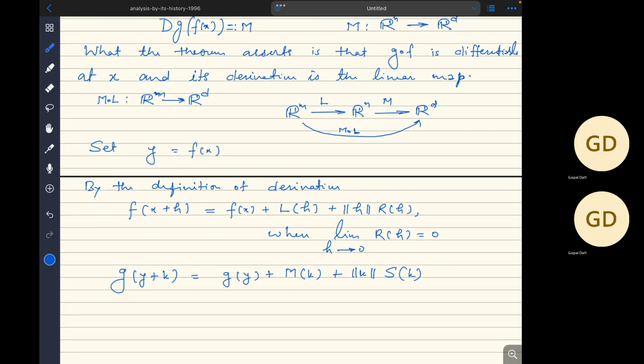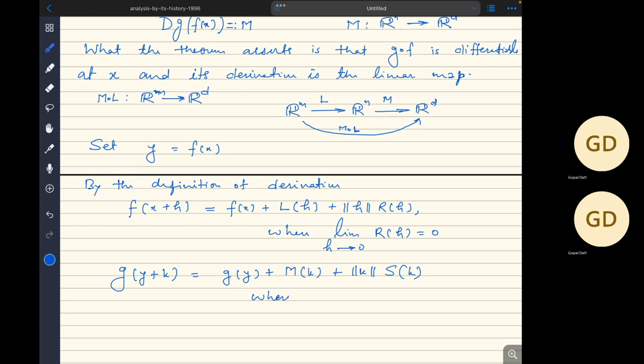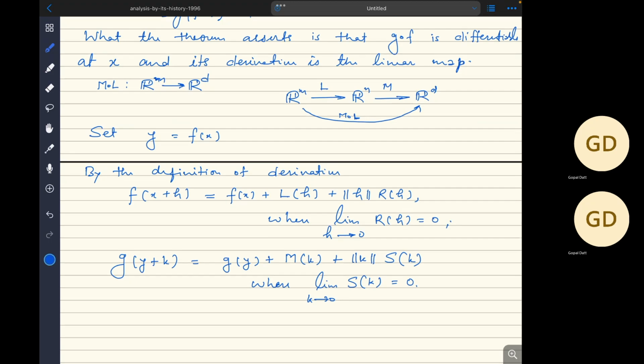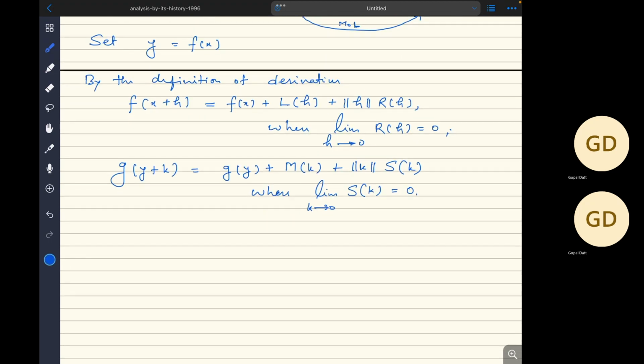Here again limit k goes to 0, s(k) is 0. This is by the definition of derivative.